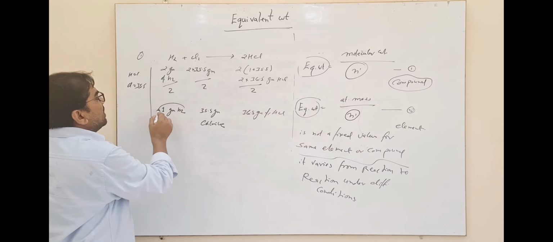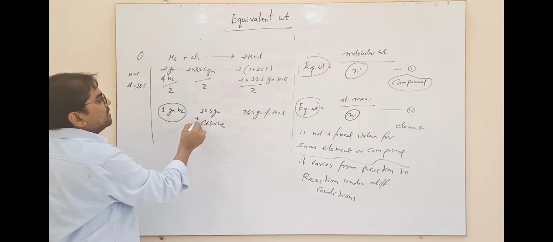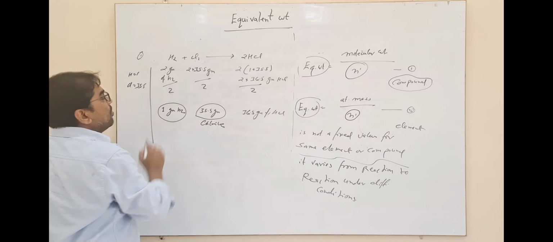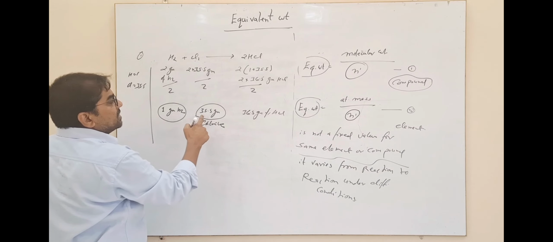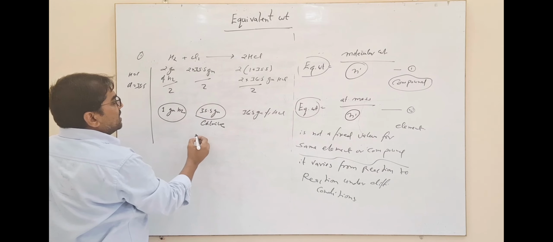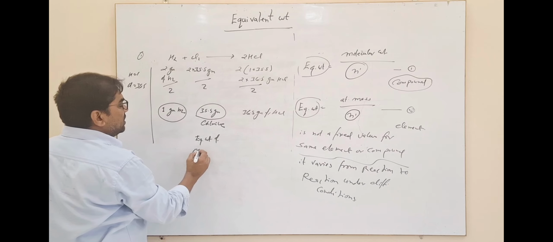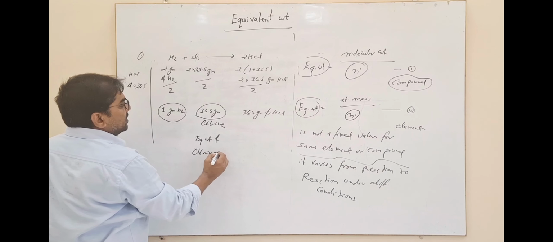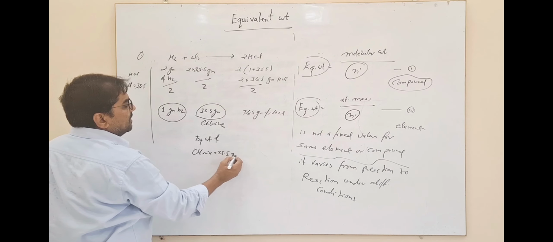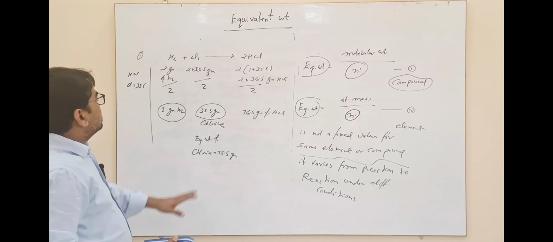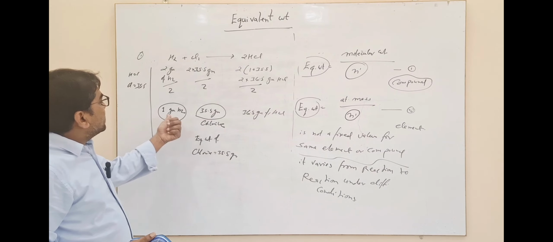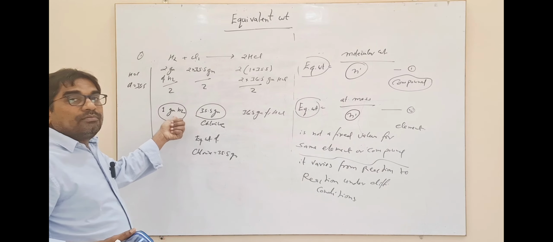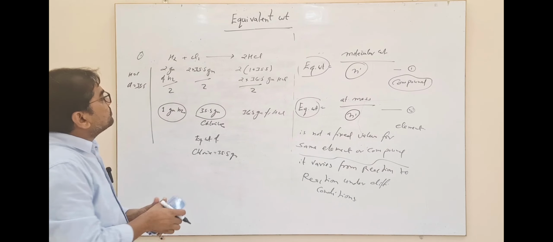Since 1 gram of hydrogen combines with 35.5 gram of chlorine, the equivalent weight of chlorine will be 35.5 gram. Why? Because this 35.5 gram of chlorine reacts with 1 gram of hydrogen.